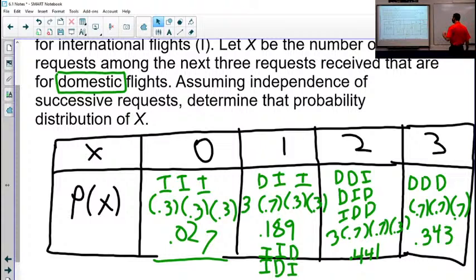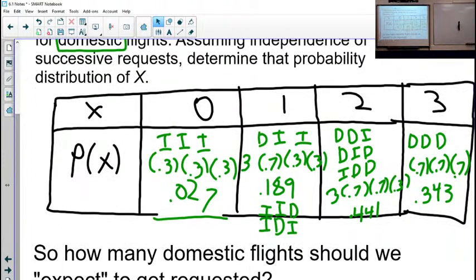So our next question is, how many domestic flights should we expect to get requested? If I get 3 calls, and I'm keeping track of how many of them are domestic, we can ask, well, how many of them should we expect to get requested?